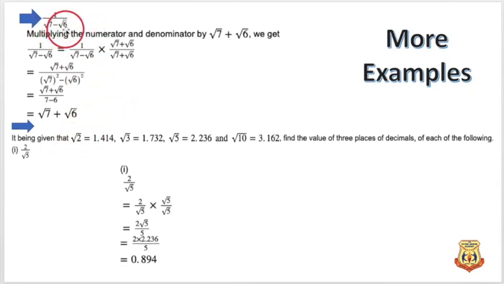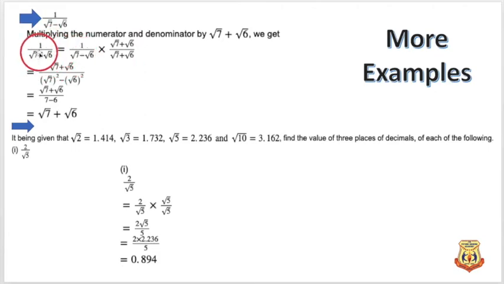1 by root 7 minus root 6. If it is given this way, then what we'll do? Multiplying the numerator and denominator by root 7 plus root 6. Why plus root 6? Can you remember the a square minus b square formula? a minus b into a plus b. That is the reason.